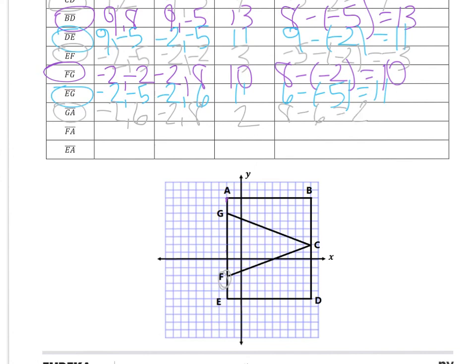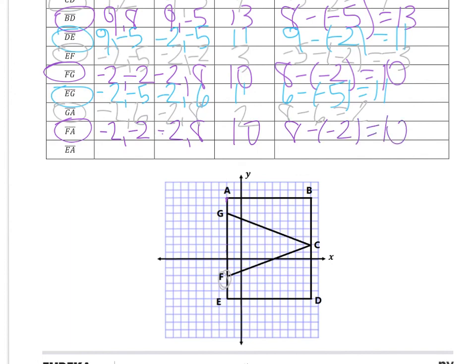All right, 2 more, guys. FA. Boom, right there. So F, negative 2, negative 2, A, negative 2, 8, for that distance of 10, because 8 minus negative 2 equals 10.